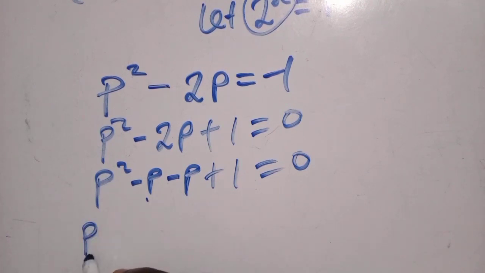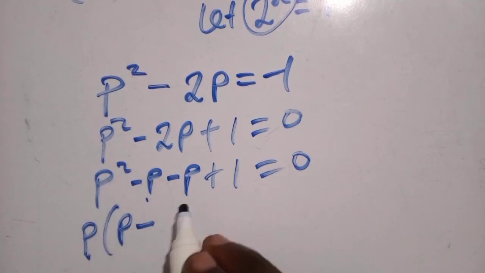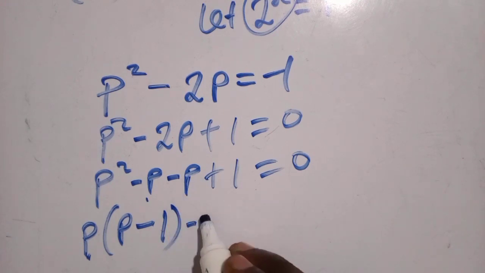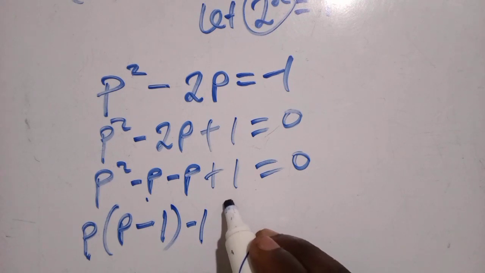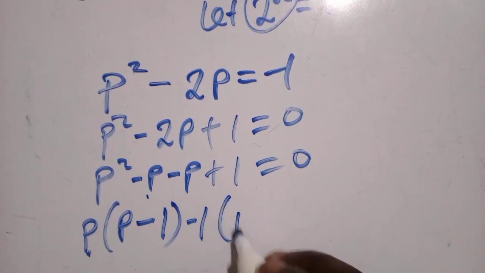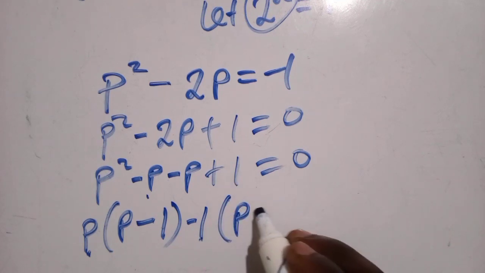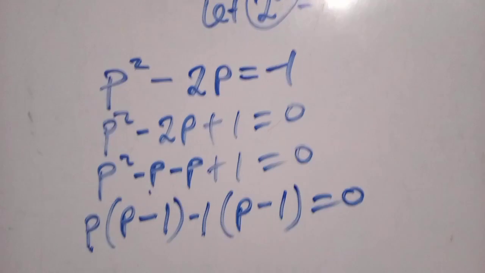So p outside, p into p squared will remain with p, minus p into p, which is 1. Then what's common is minus 1. Minus 1 into minus p, we have p, and negative 1 into positive 1, which is minus 1, equals to 0.